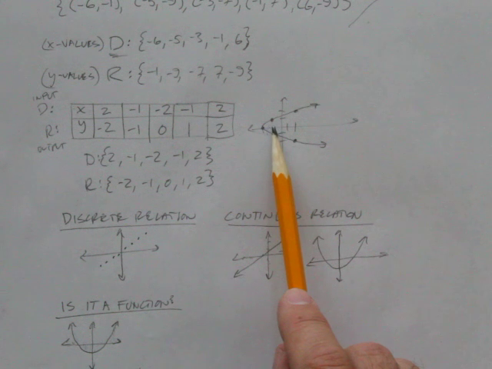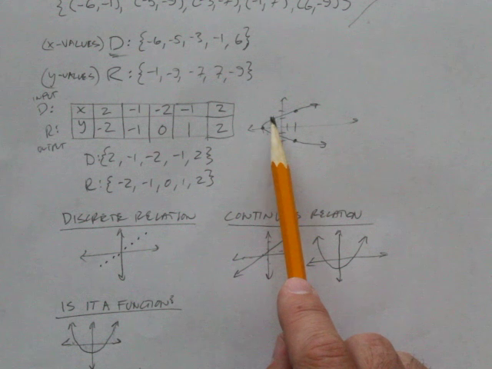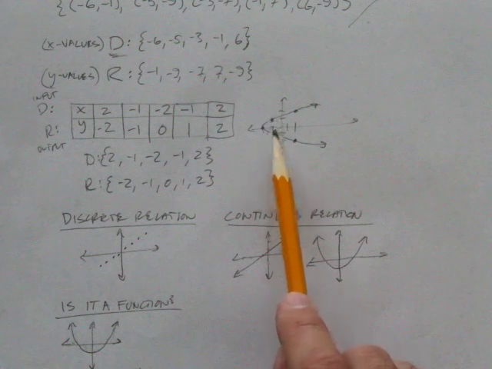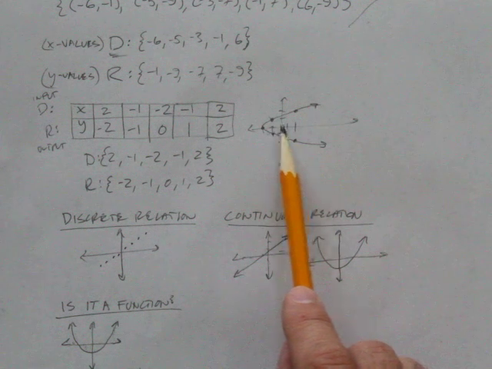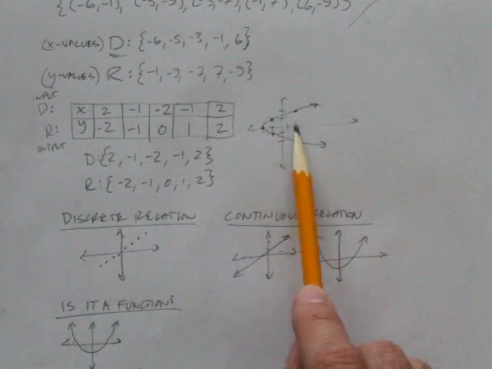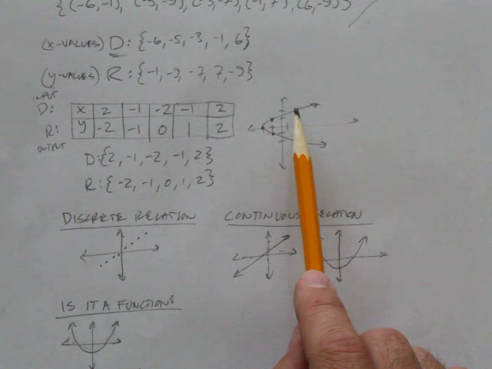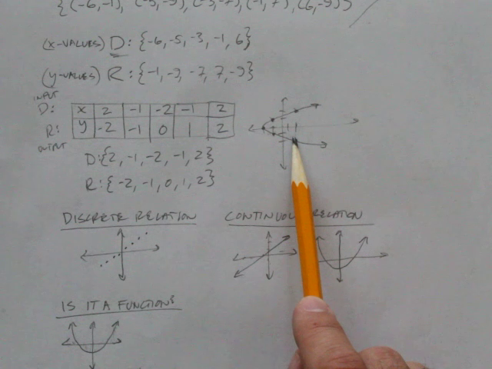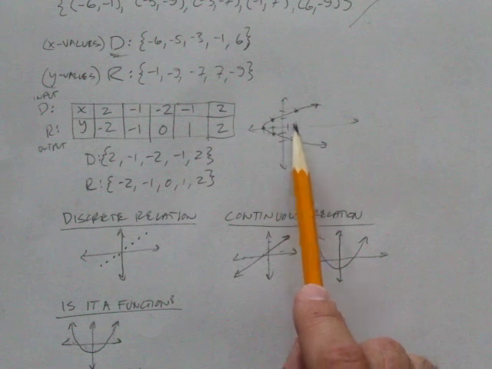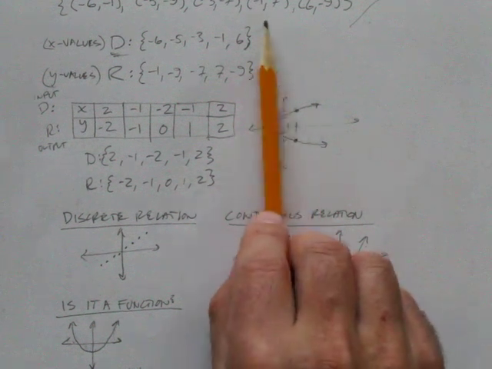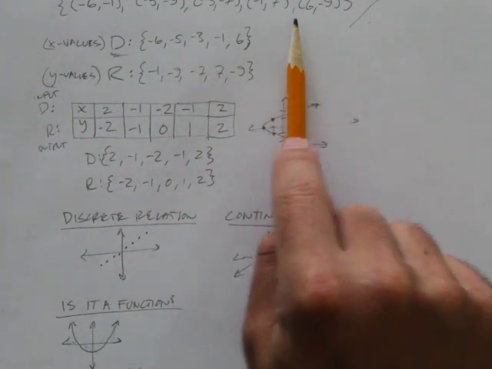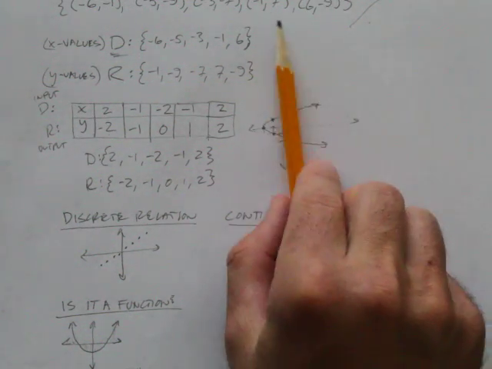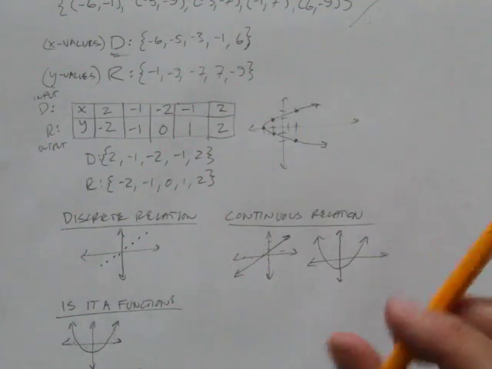Notice how when x is -1, y is -1 and y is 1. So I've got two y values for only one x value. Same here with x is 2, y is 2 and y is -2. If I put my pencil here, I can see this graph crosses my pencil two times. So this is not a function.